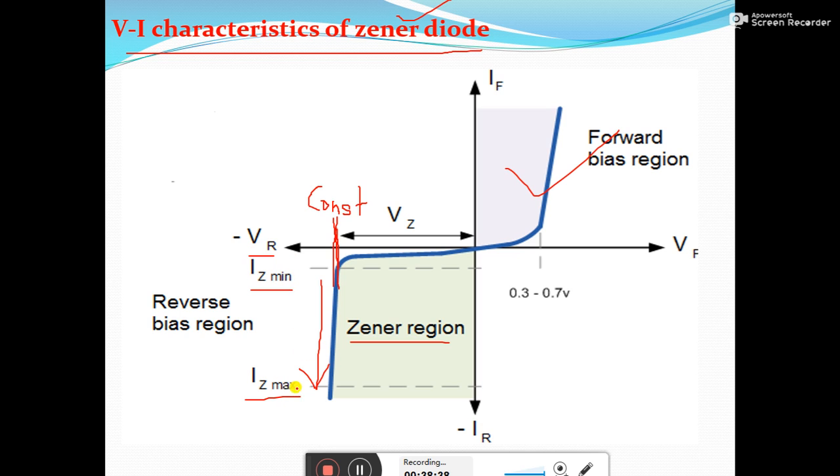These are the two permissible levels. As long as the current through the Zener diode is not less than Iz min and not more than Iz max, the voltage value will remain constant. Means I can use the Zener diode as a voltage regulator within these two permissible current limits.